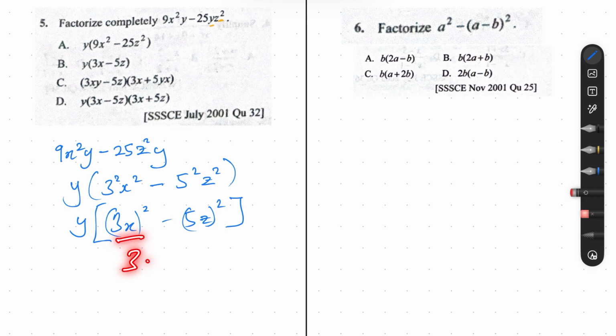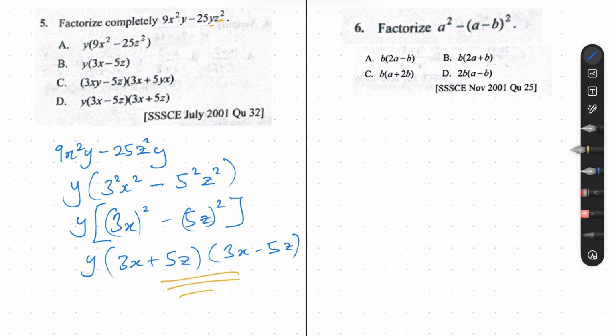We add and then we subtract: 3x plus 5z, multiplied by 3x minus 5z. So y times 3x plus 5z times 3x minus 5z is our solution.